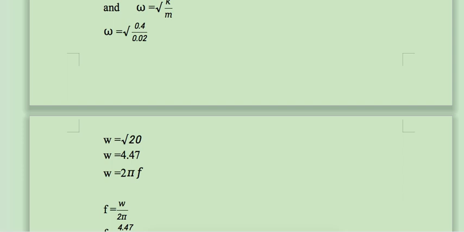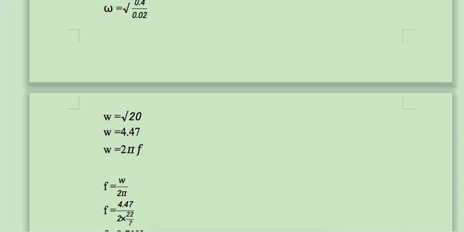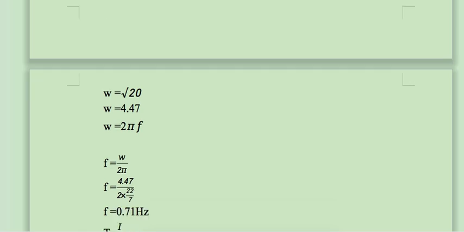As I've said, omega is equal to 2 pi F. So if I make my F subject of formula, F is equal to omega over 2 pi. I've gotten my omega to be 4.47, and 2 times pi, which is a constant, 22 over 7 or 3.142.